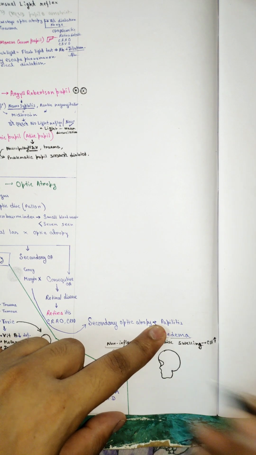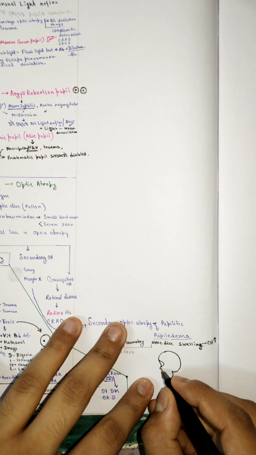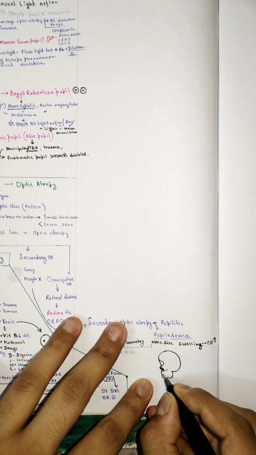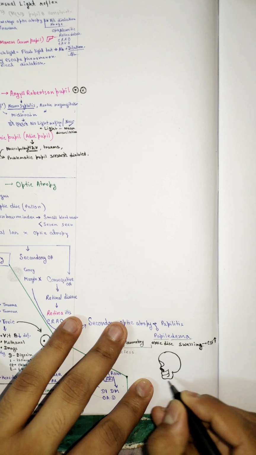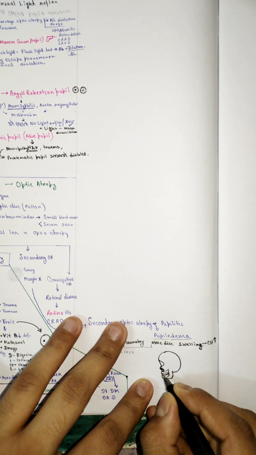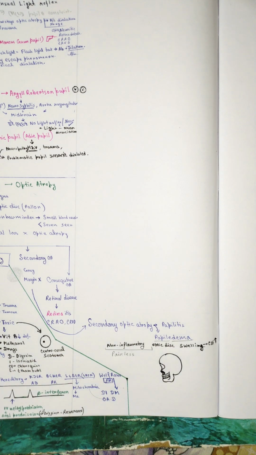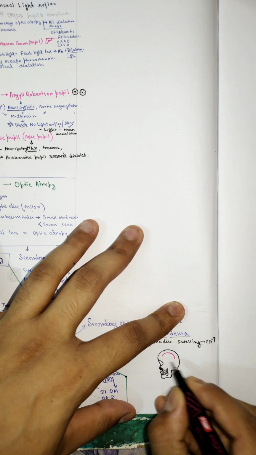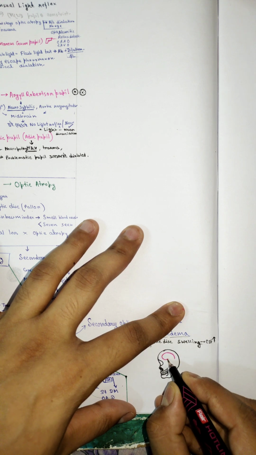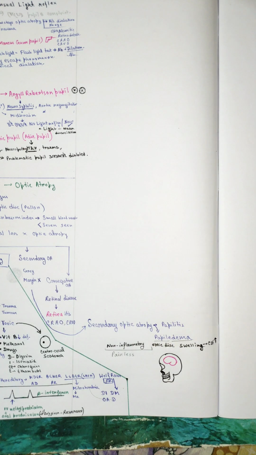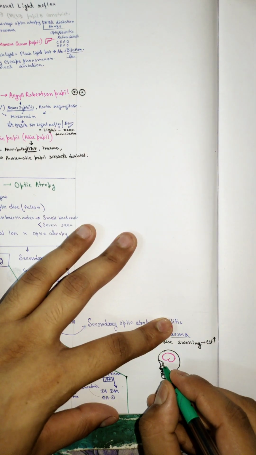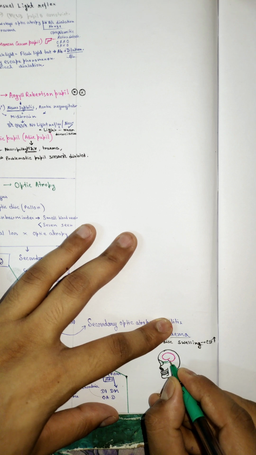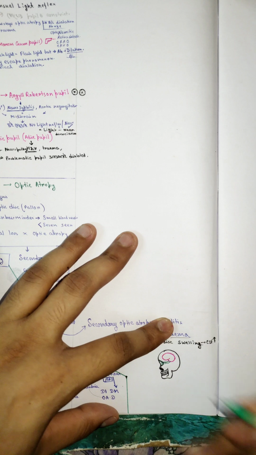This is my orbit. So what happens? Here is my brain, cranium, and here comes my optic nerve, and obviously this is my eye.